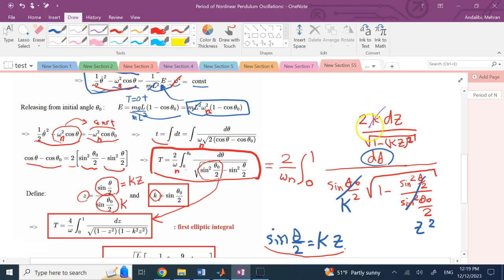So this k and this k will be simplified. That 2 and that 2 will be multiplied, so you'll get a 4. The omega n is still there.